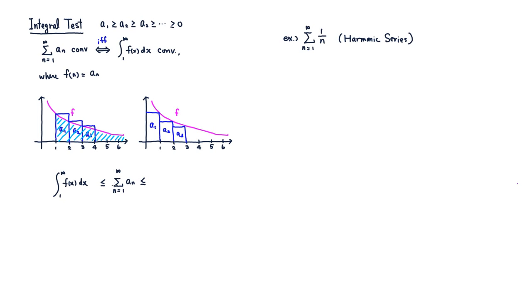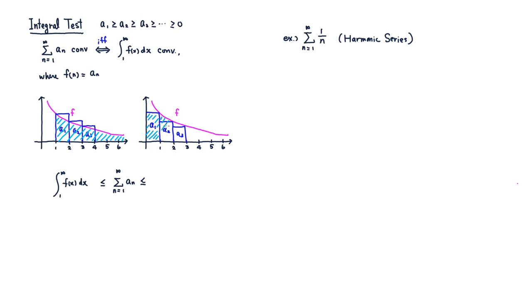If you compare that, this is a little bit strange, but I'm going to keep a_1 right here and combine that with the region under the graph of f from 1 to infinity.